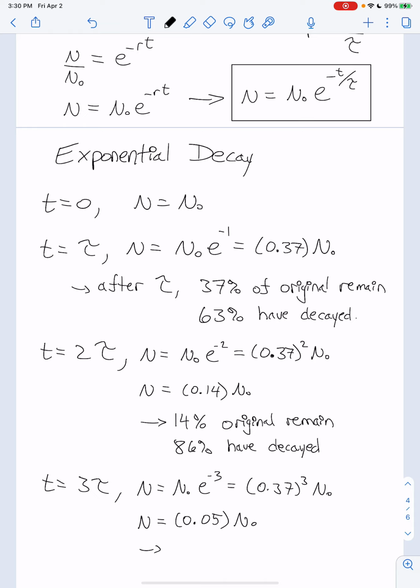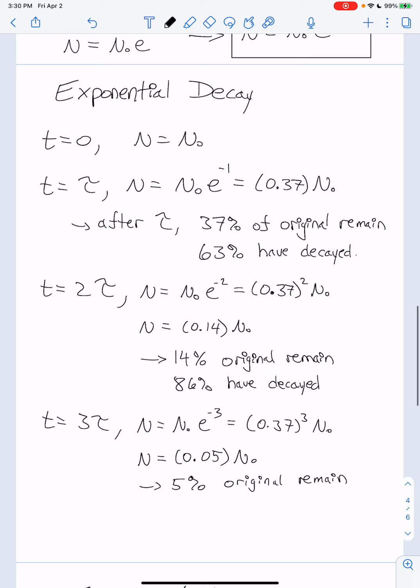So only 5% of the original remain, and 95% have decayed. Often you'll see this as a reasonable threshold to say, okay, 95% have decayed, so 3 tau is an important threshold.